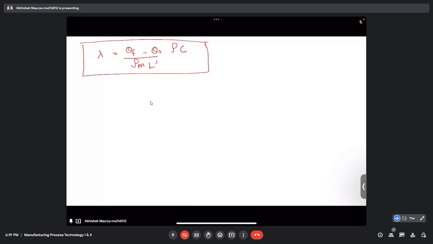Please keep on trying. Keep on doing calculation. Meanwhile, I will also write the values. If someone gets the value of the lambda, please let me know.